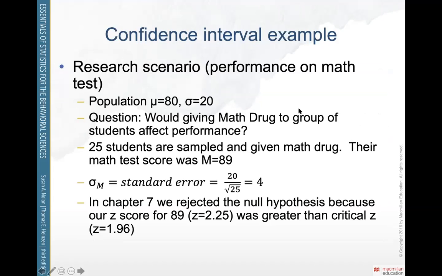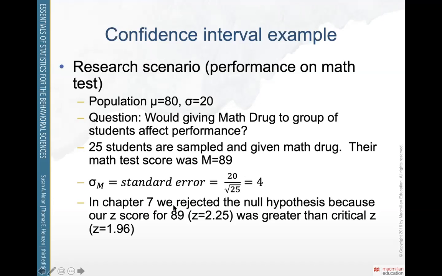The question is, does giving math drug influence these people's performance? So we took 25 people, we gave them math drug. The sample mean of those 25 people was 89. The standard error that we calculated when we did this hypothesis test earlier was the standard deviation of 20 divided by the square root of the sample size, 25, which gave us 4.